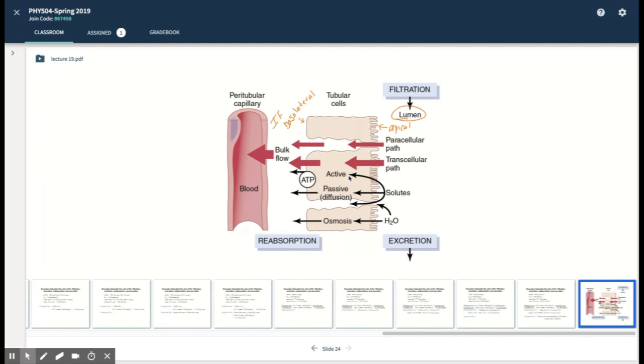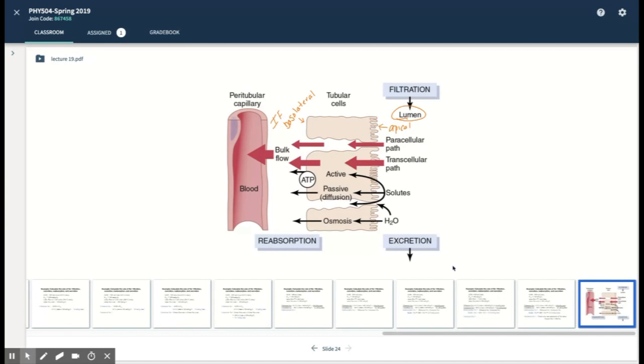Anything that passes across the basolateral membrane from the cell outside of the cell is going into the interstitial fluid space, and then it can be taken up by the capillary beds. If you want something to be secreted, it has to come from the interstitial space across the basolateral membrane first, through the cell, and then out the apical membrane to be secreted into the lumen, if it's a transcellular pathway.